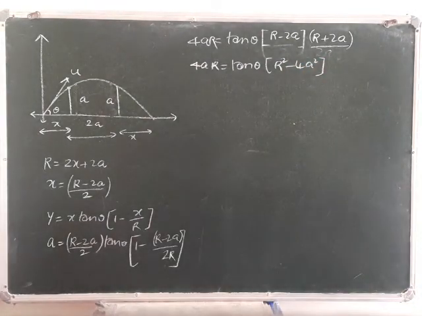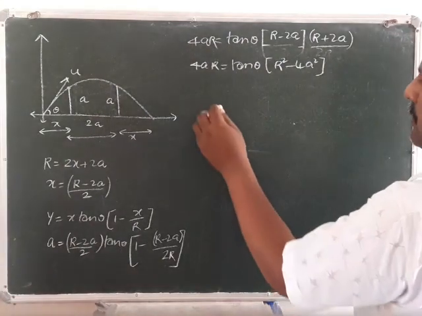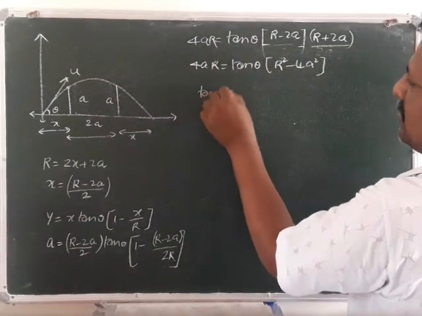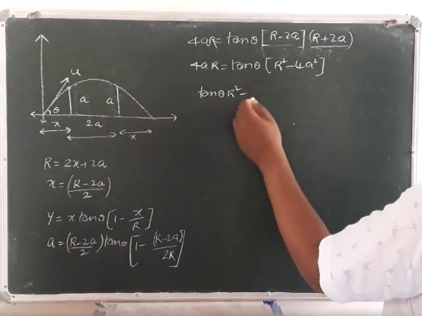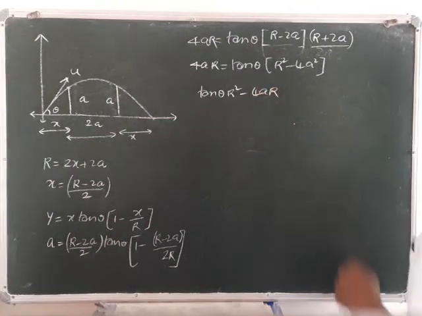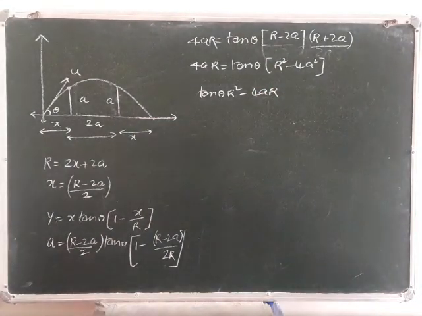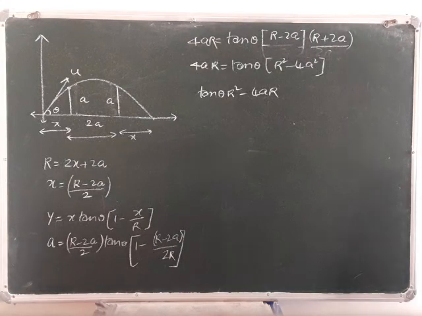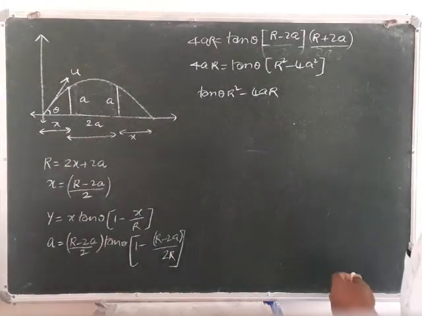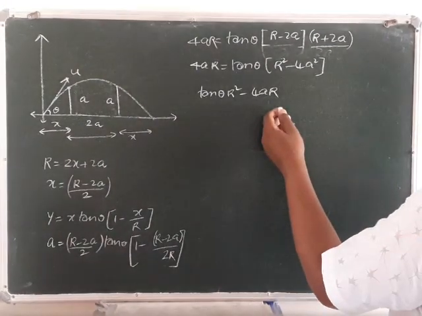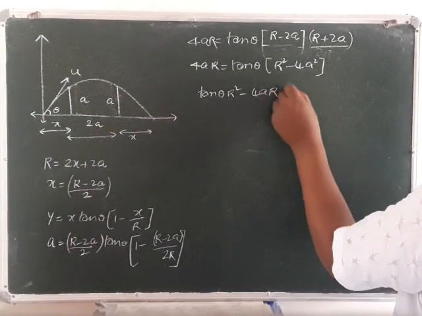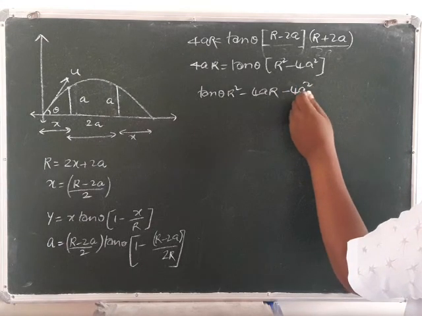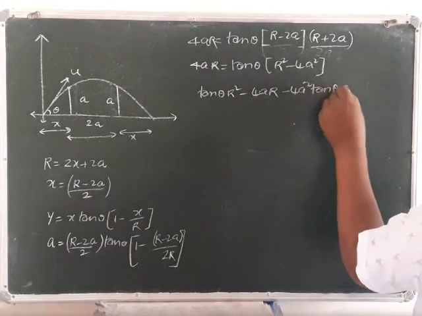If you write the equation in terms of R, tan theta R square, bringing to this side, it is minus 4aR, and the remaining term, if we simplify, on the same side is minus 4a square tan theta equal to 0.